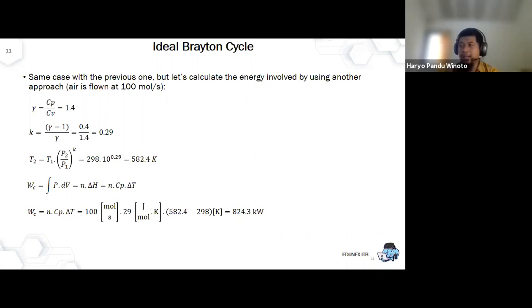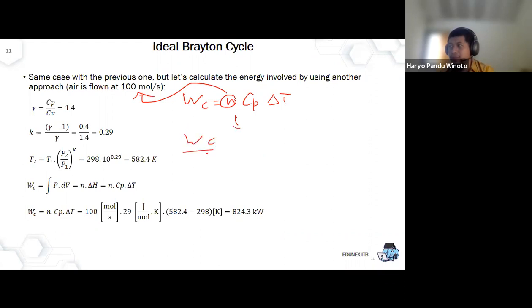Suppose here air is flowing at 100 mole per second. So here the real work is going to be N Cp delta T. Why N? Because it's there. It's the same as Wc over N, which is Cp delta T, which is delta H. It's going to be the same.